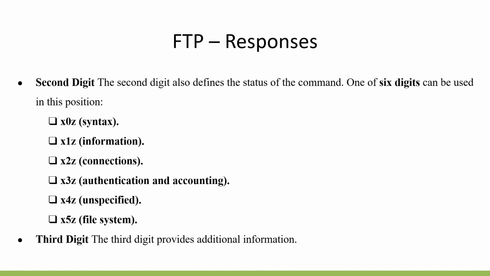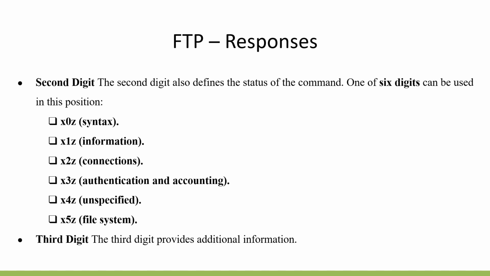The second digit in the reply code further defines the status of the command. It can be one of the 6 possible digits, each representing a specific type of response, such as connection issues, syntax errors, or authentication results.